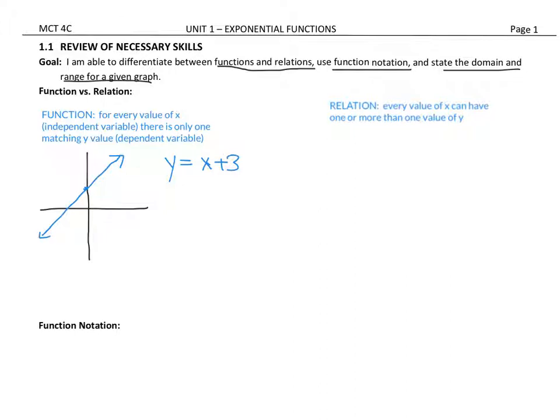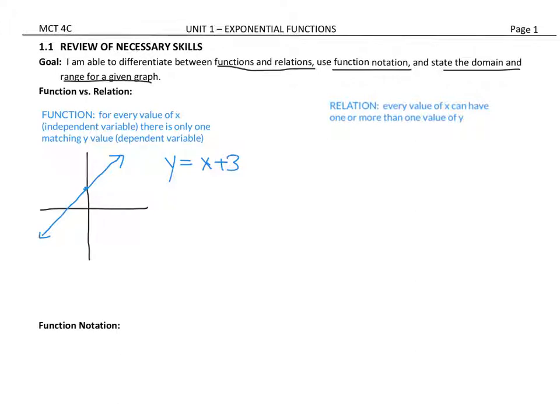So there's our linear function. We called it a linear relation, but it actually is a special relationship called a function. So all relations can have an infinite number of y's that match with an x, but for a function, every value of x can only have one matching y. So this particular line, and most lines, are actually functions.